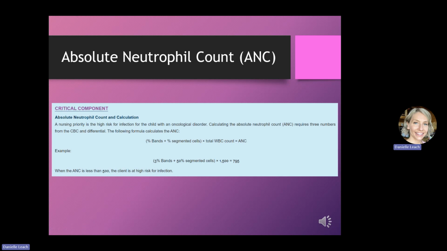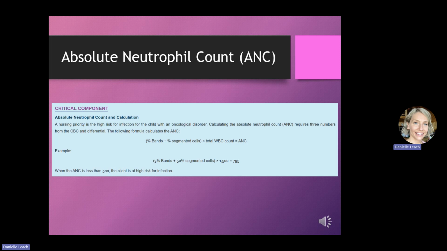ANC, or absolute neutrophil count, measures the different types of white blood cells in the body. So there is a calculation on here how to calculate it. You do not need to know how to calculate it. What you do need to know is that a lower ANC indicates vulnerability to infection. So if you can imagine, the person has a lower amount of white blood cells, which will end up with a lower ANC.